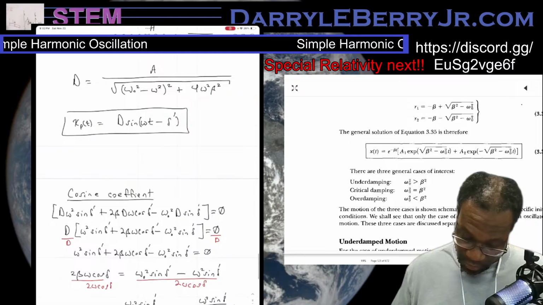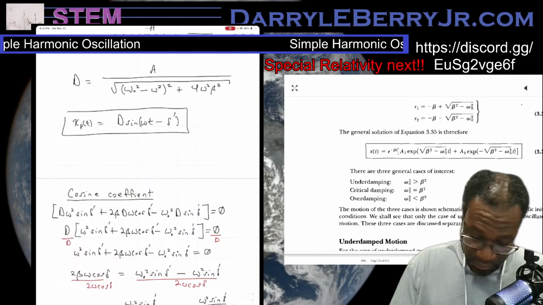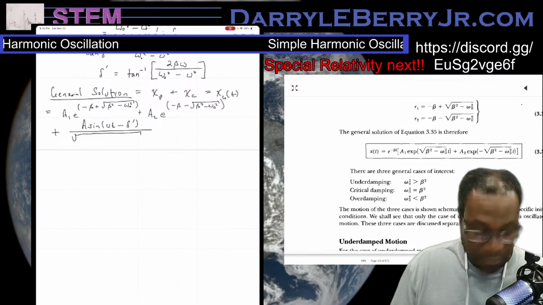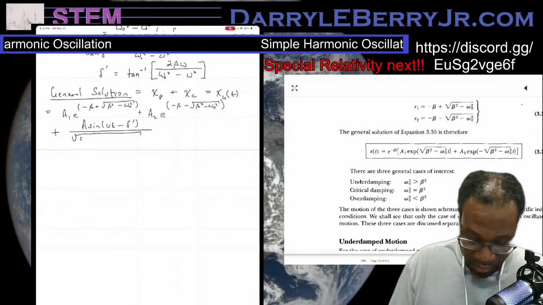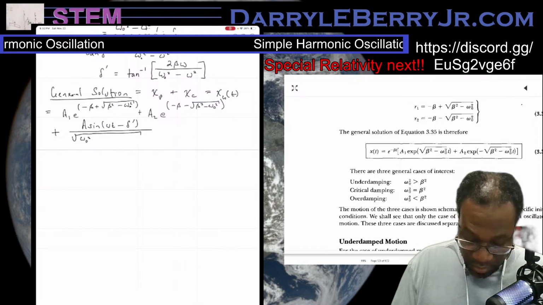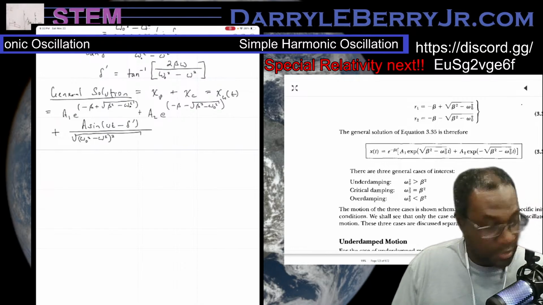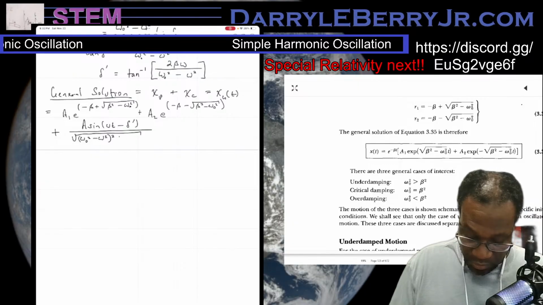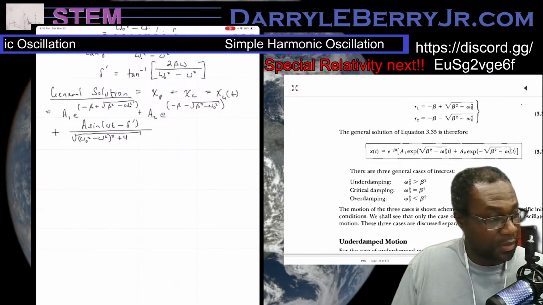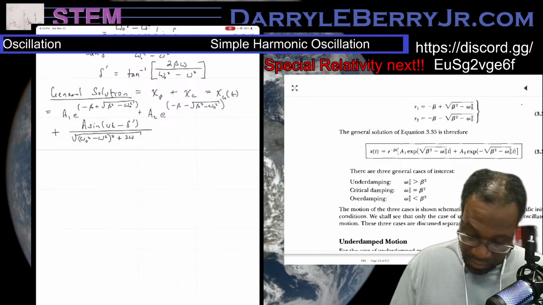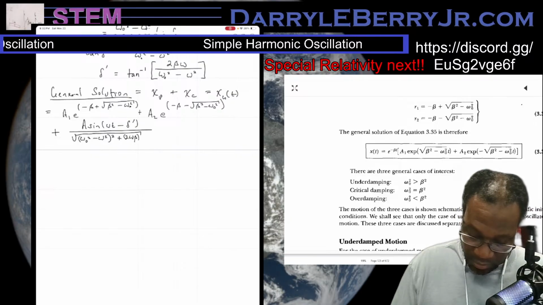over. This is basically just plugging this in here, right? Square root of omega naught squared minus omega squared, squared, plus 2 omega beta, squared.